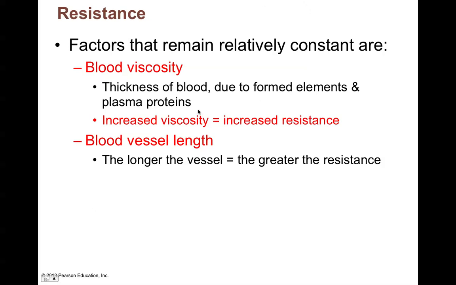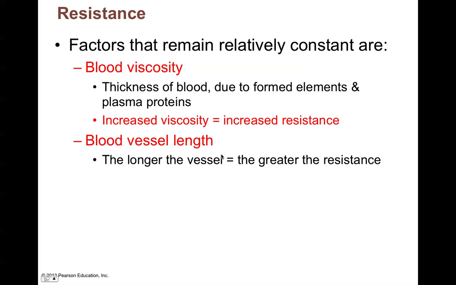Occasionally, there may be an increased viscosity if someone is severely dehydrated, or if they are taking erythropoietin, for example, from the outside, increasing the number of red blood cells that their body produces in an abnormal way. This would cause an increased viscosity, which would increase the resistance. But typically, blood viscosity will remain the same moment by moment.